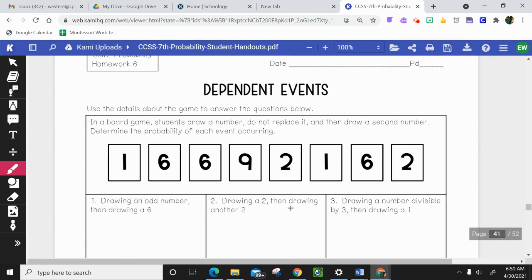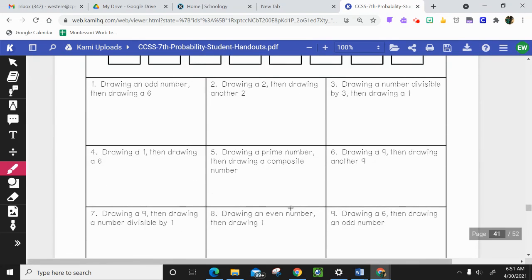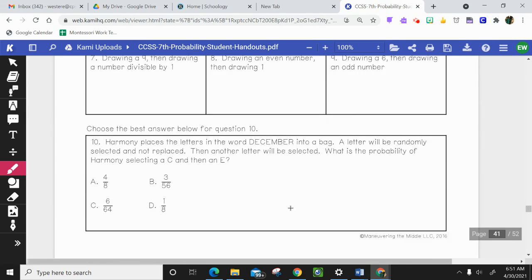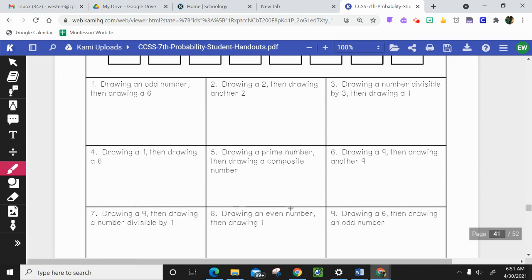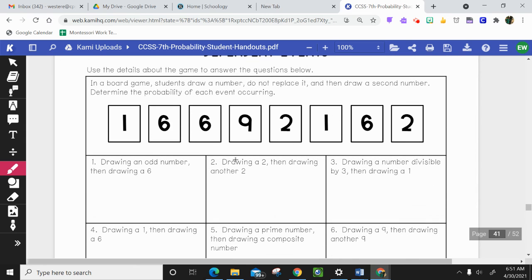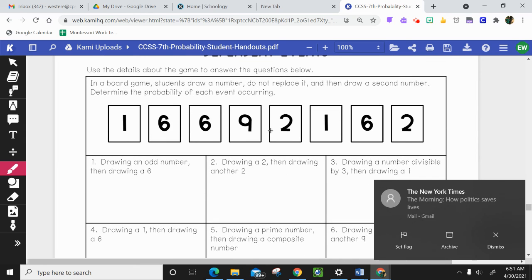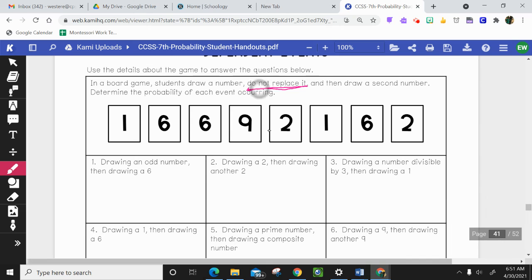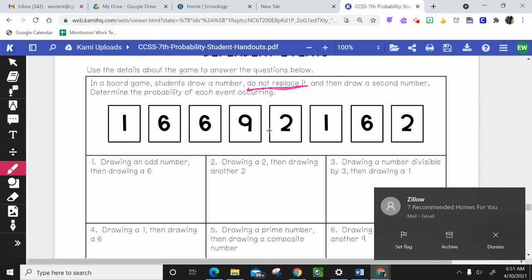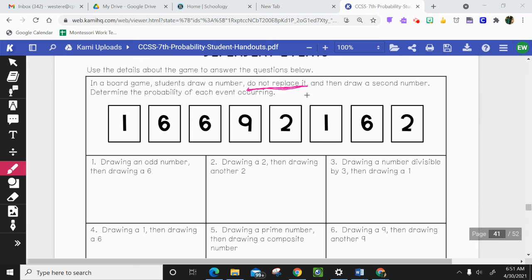So now your homework, which I will expect you to work on today. You've got 9 problems again based on these number cards. I want you to remember these are all going to be independent events just from the directions up here. So you don't have to choose whether it's dependent or independent. I'm telling you now these are all dependent events.